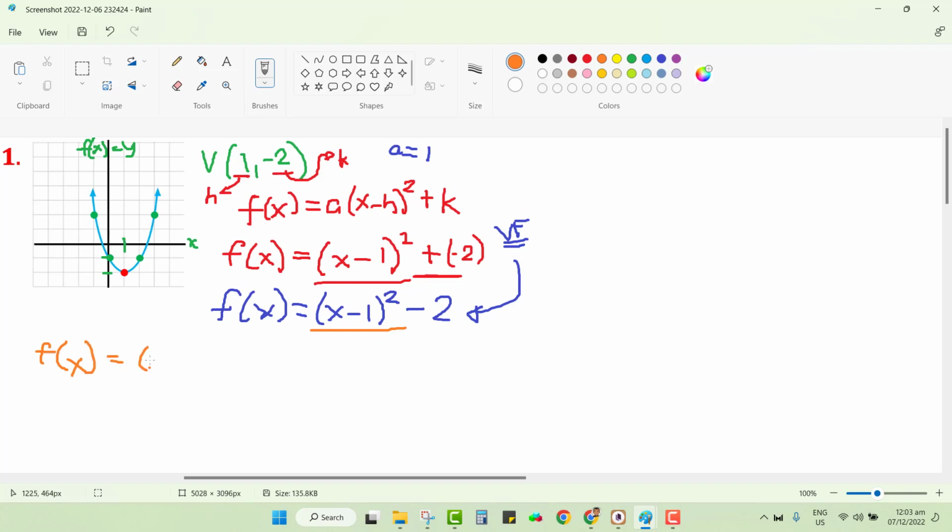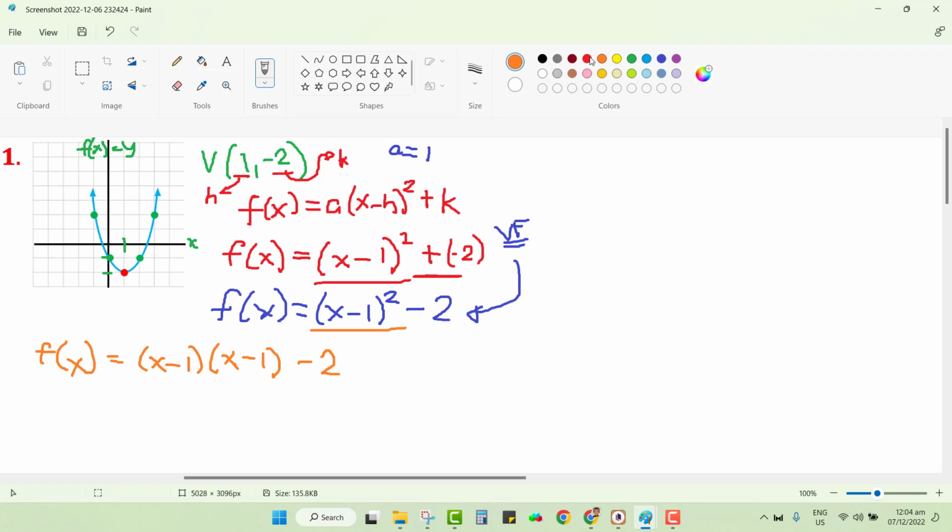It is a product of x minus 1 and itself. That's for the square of the binomial. And please do not forget that after that, you still have minus 2 here outside.